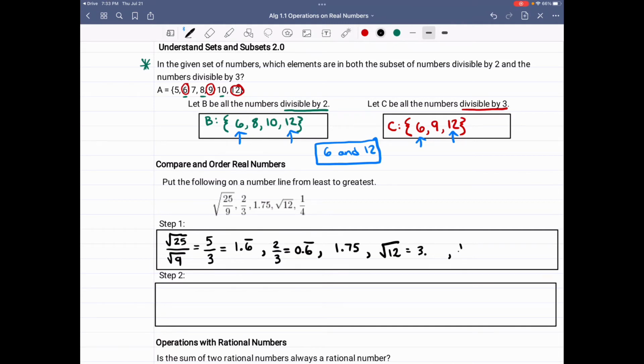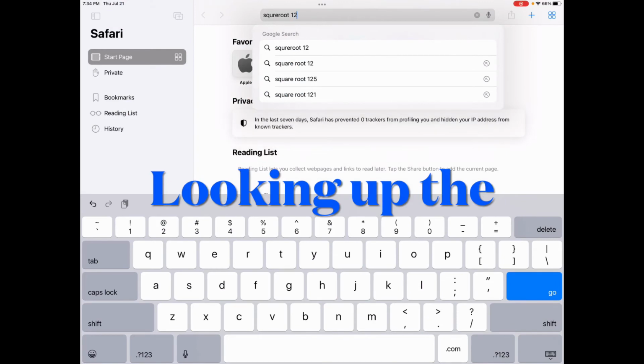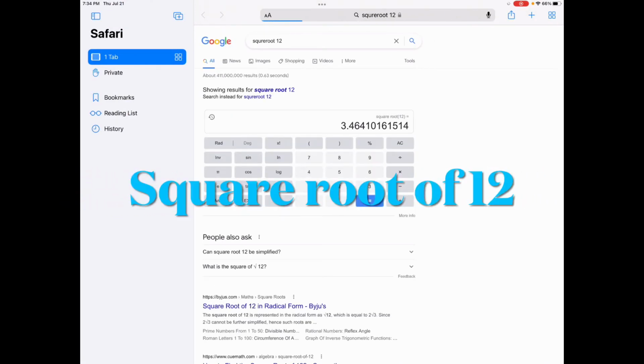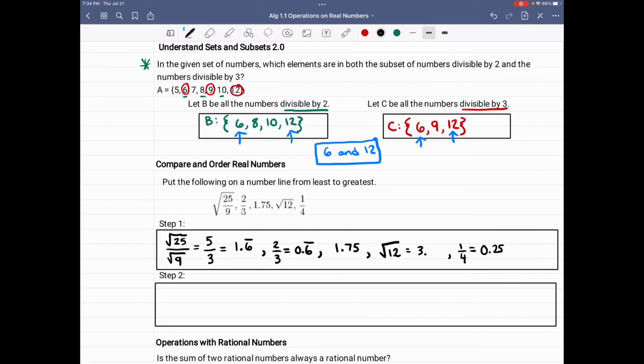And 1/4, if you do 1 divided by 4, you get 0.25. You should also memorize this one because 1/4 is a quarter, and a quarter is 25 cents. The square root of 12 is 3.464. 3.46, we'll just round it.